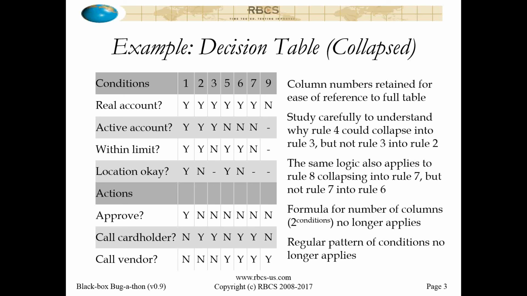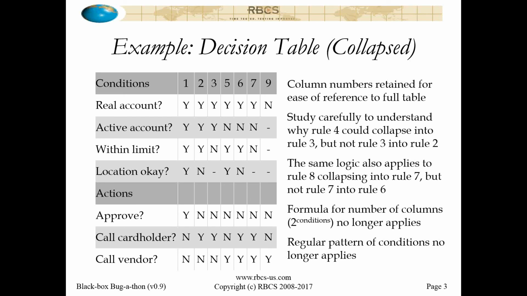The thing to keep in mind is that what you're trying to deal with when you're dealing with decision tables are conditions that actually interact. So you want to try to avoid putting conditions into the table that don't interact with other conditions in the table. In other words, are fully independent.